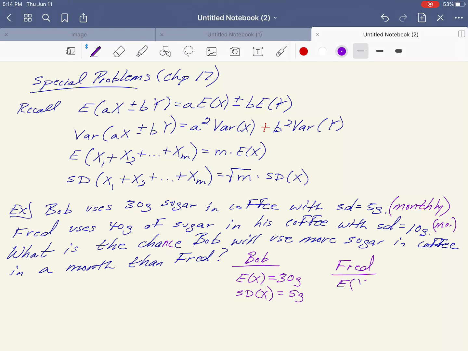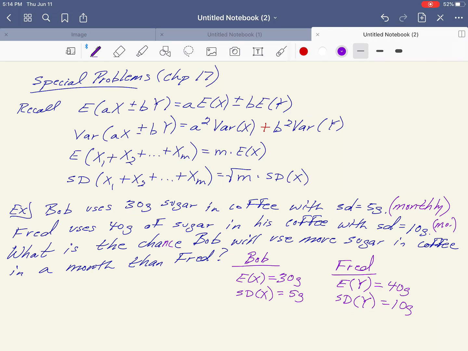For Fred, let's let Fred be Y, so the expected value of random variable Y, Fred's sugar used for his coffee, is 40 grams. And the standard deviation for Fred's sugar use in a month is equal to 10 grams.